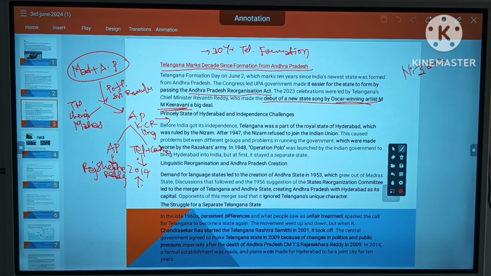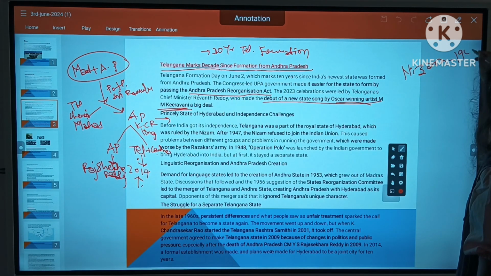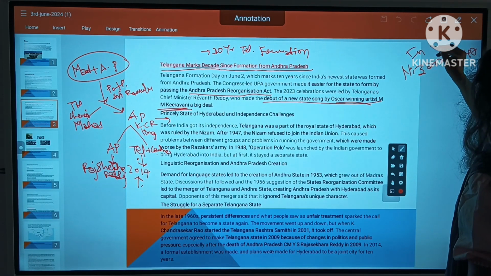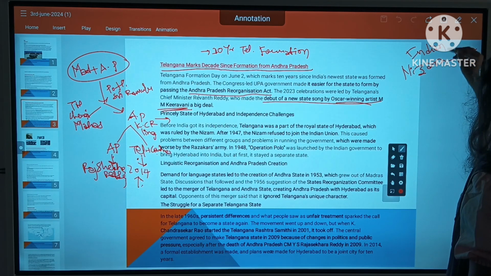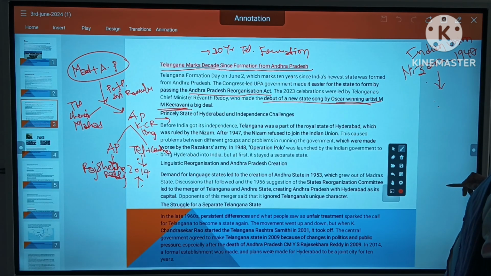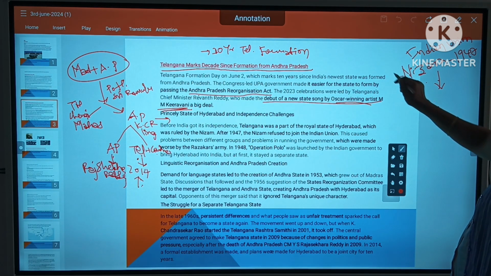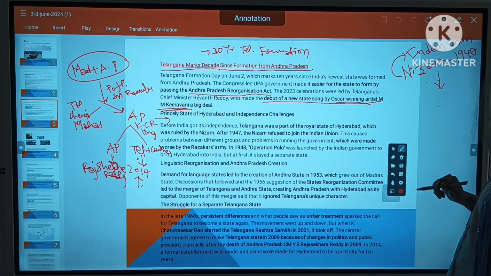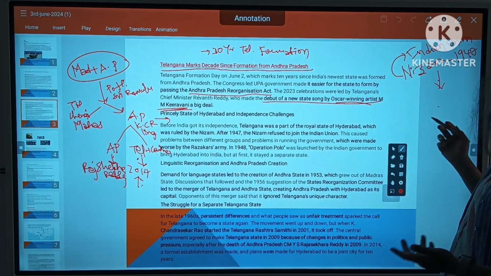Okay, first of all. In 1947, when Indian Union formed, when India became an independent state, at that time Telangana was under Nizam. But what happened? Nizam didn't want to join the Indian Union. He wanted to stay like an independent princely state.